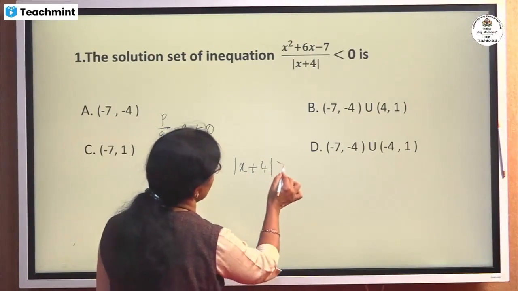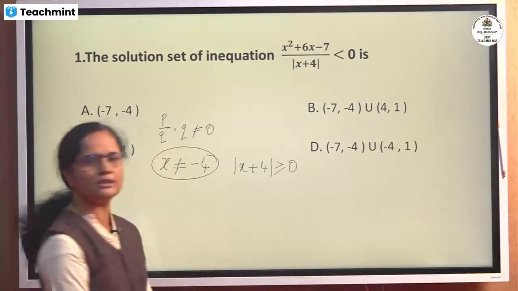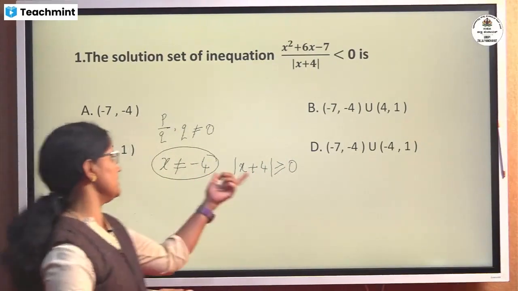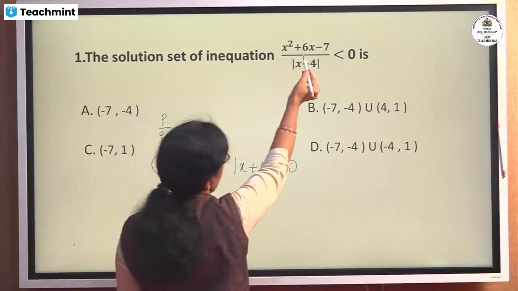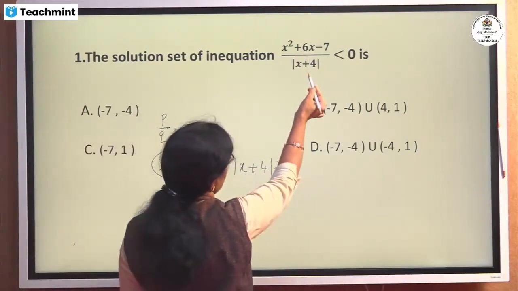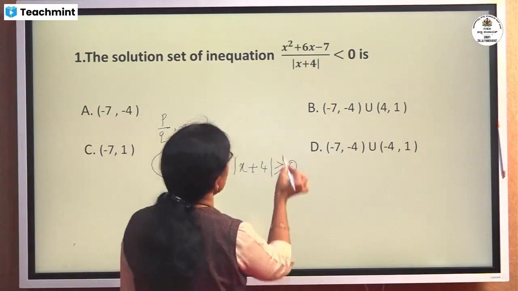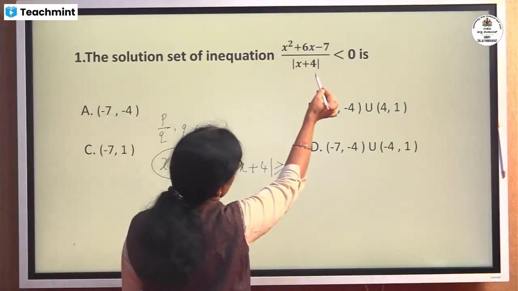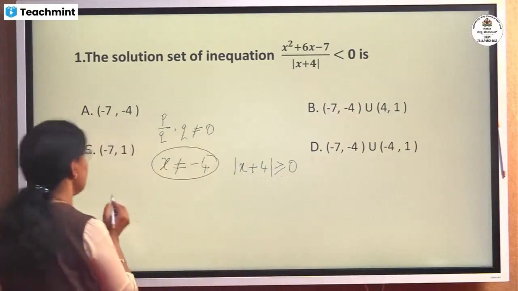Modulus of any number is always greater than or equal to 0. Keep this condition in mind also. Now go for the inequation. Here is some quantity, and here is modulus of x plus 4, which is always positive. If you divide by a positive number, the result here is negative.